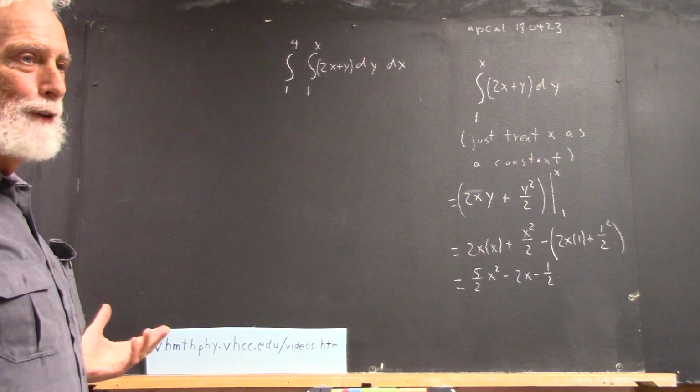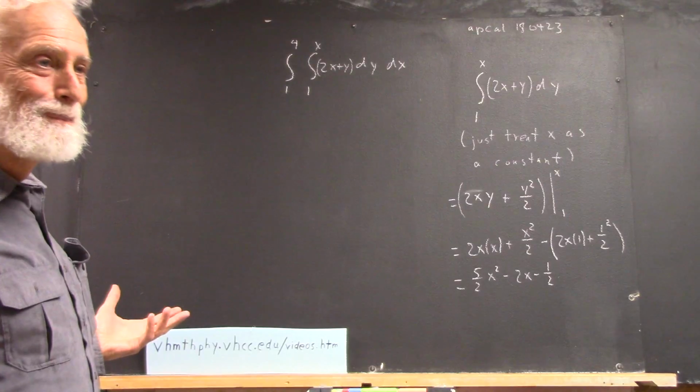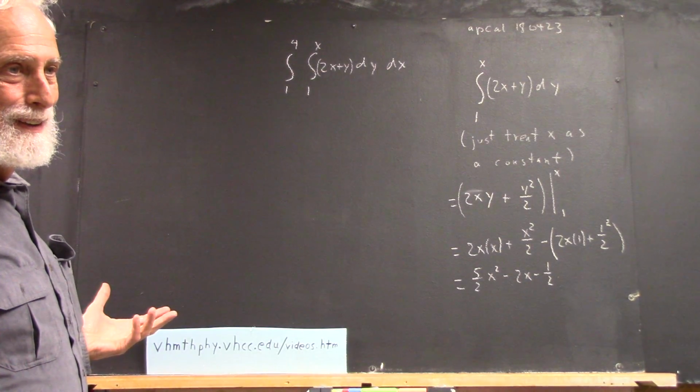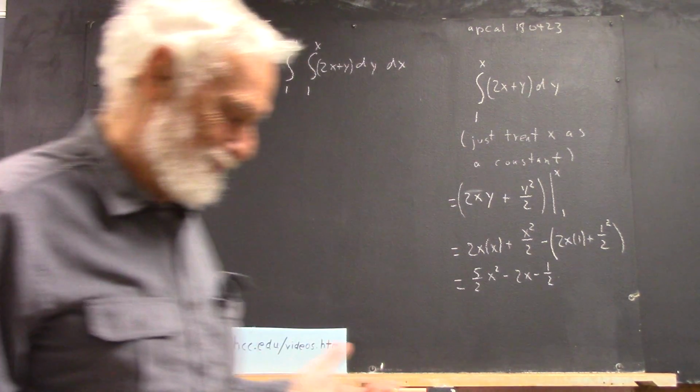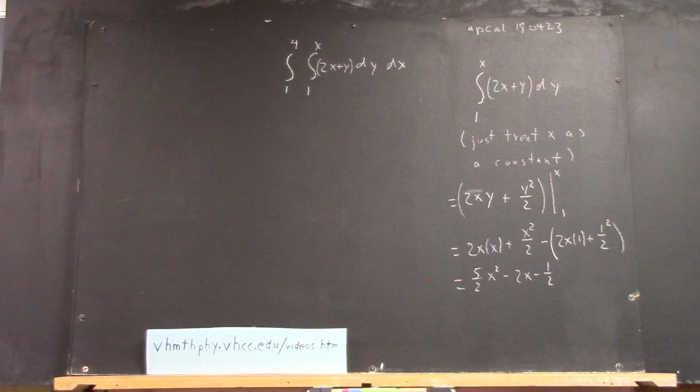Now, what do I mean by this? Take a stab. It's just like a double integral. Oh, it's a double integral, yeah, but what are you going to do to evaluate this thing? We'll do the integral with regard to dy first.